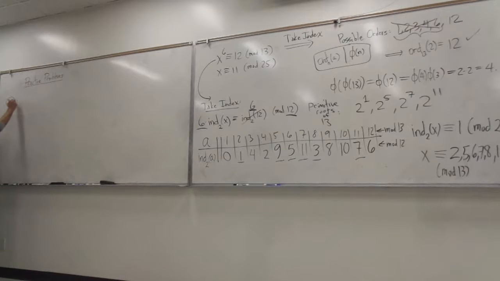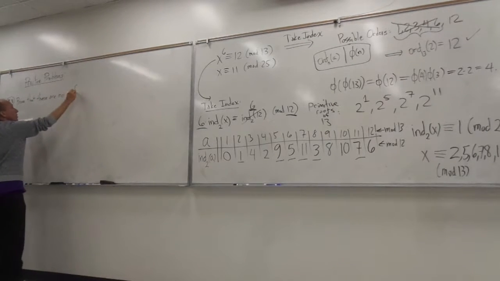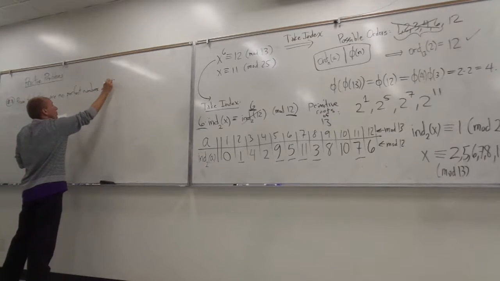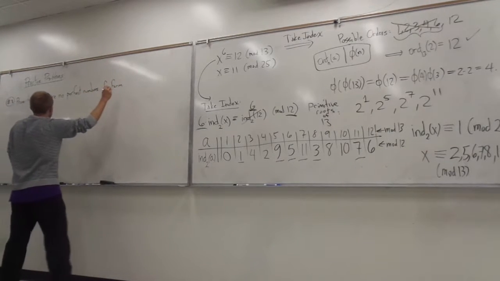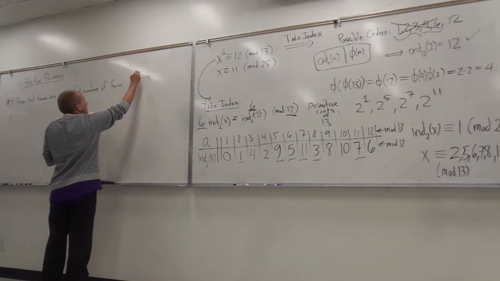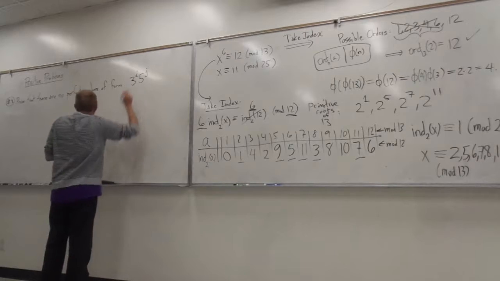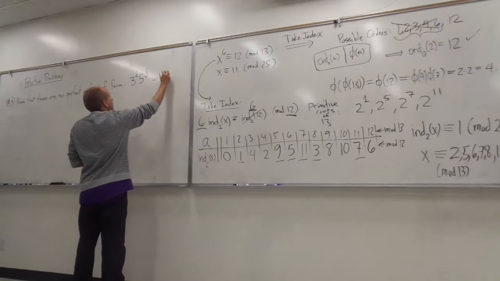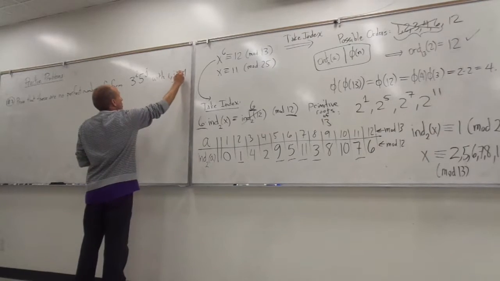Let's prove that there are no perfect numbers of the form 3 to the i times 5 to the j with i and j greater than or equal to 1.